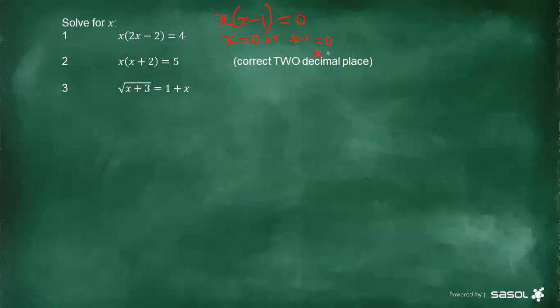If you transpose that negative 1, now if it's equal to 0, then you're allowed to just solve straight.